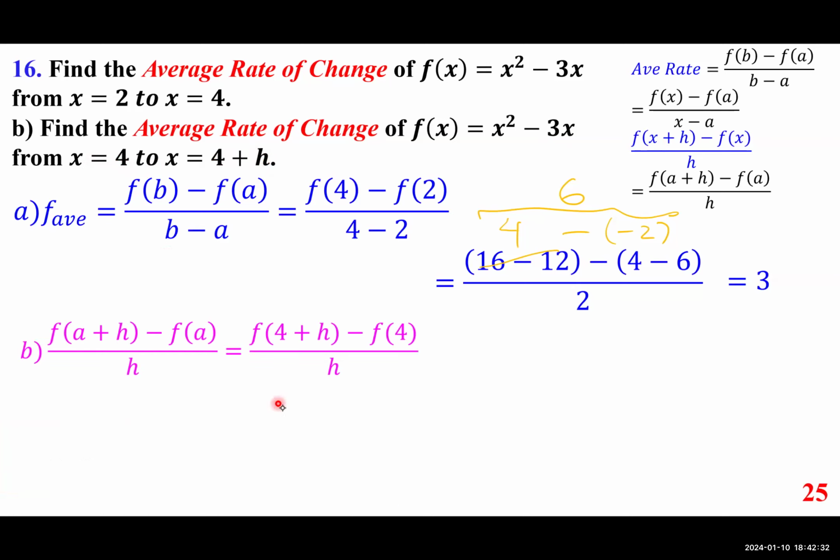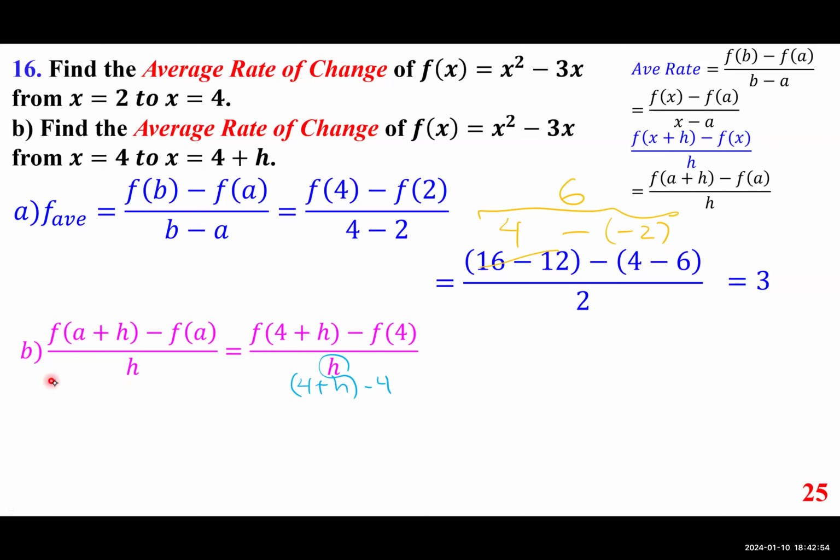Please understand, the denominator becomes h because it's 4 plus h minus 4. That's why you have only h in the denominator.